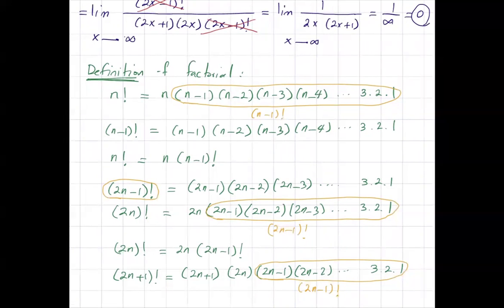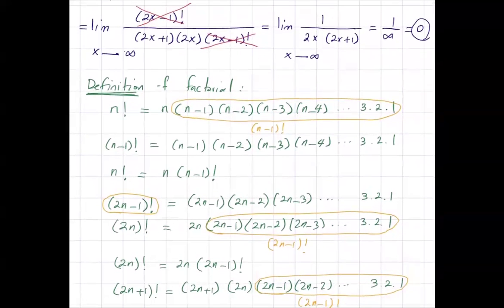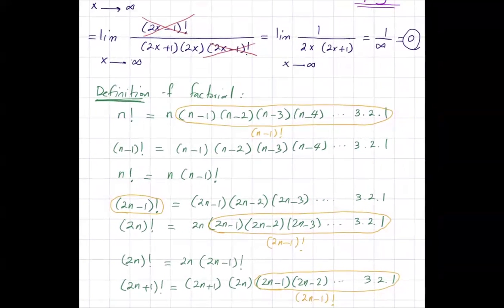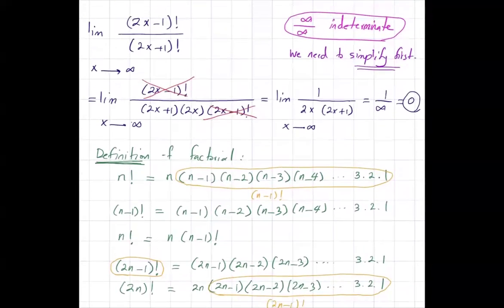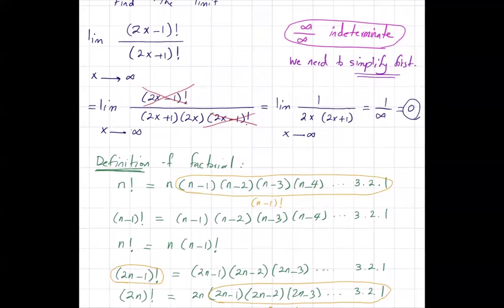We substituted this quantity on the denominator. So the limit of (2x minus 1) factorial divided by (2x plus 1) times 2x times (2x minus 1) factorial can be simplified into the limit of 1 over 2x times (2x plus 1) as x goes to infinity. This is 1 over infinity, or just 0. So the limit exists and you have a limit for this rational expression.